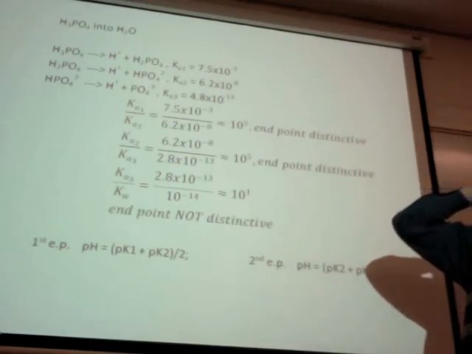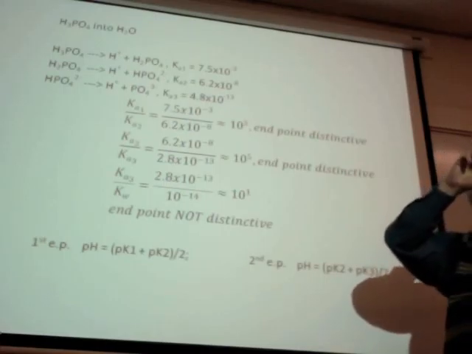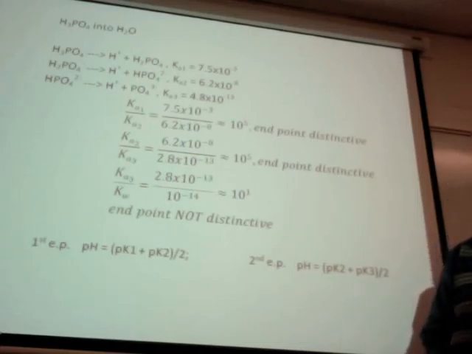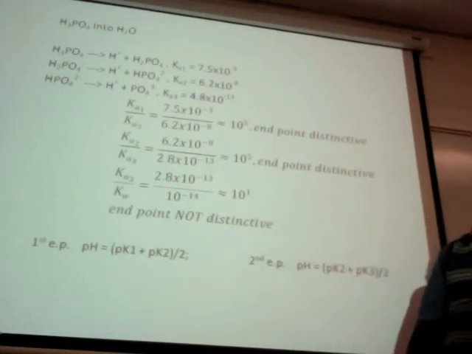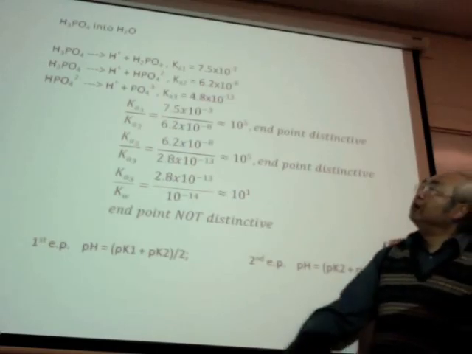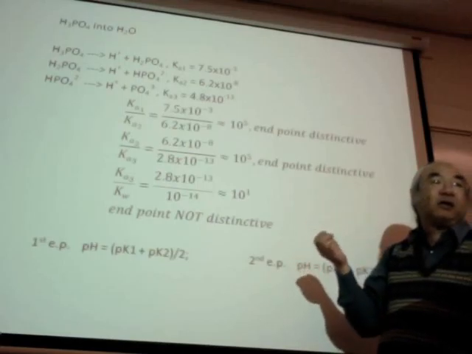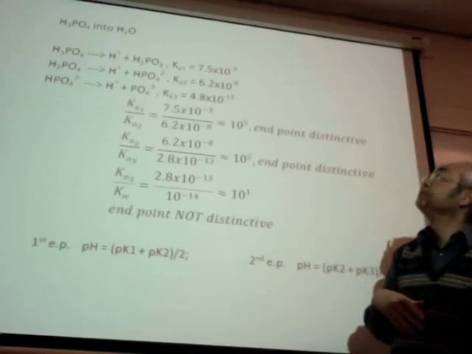Phosphoric acid is a polyprotic acid. So there will be 3 protons able to come out of H3PO4. So if you titrate H3PO4 against a base, how many endpoints are you going to get? Then look at the Ka values, because we need to calculate the Ka ratio in order to determine how many breaks.